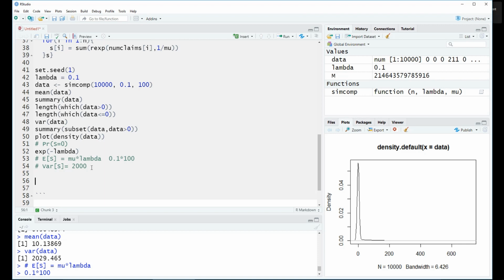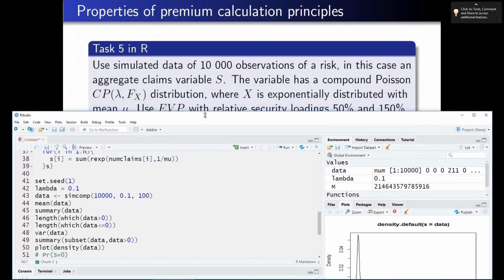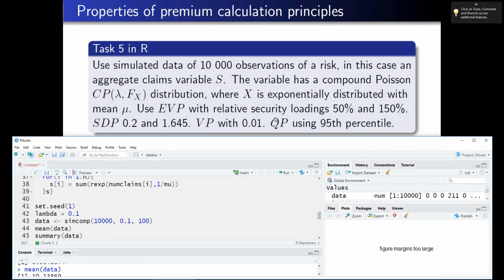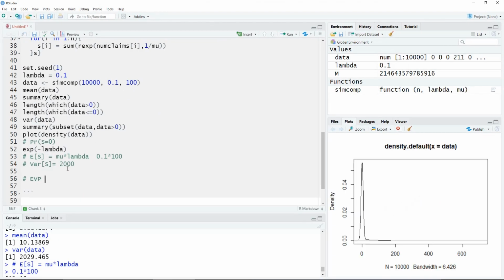First principle we need to apply is the EVP principle. So what are the values for EVP? Use EVP with relative security loadings of 50 and 150%. Okay, 0.5 and 1.5.